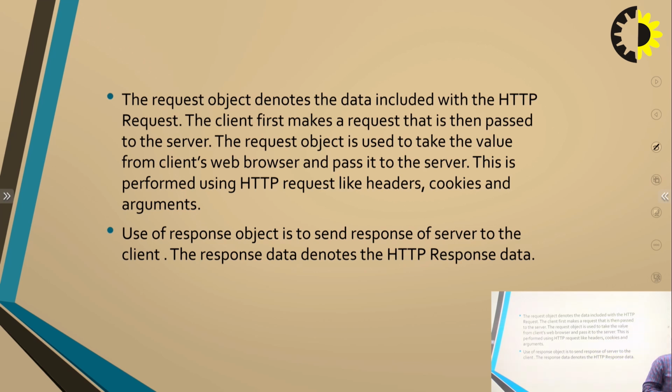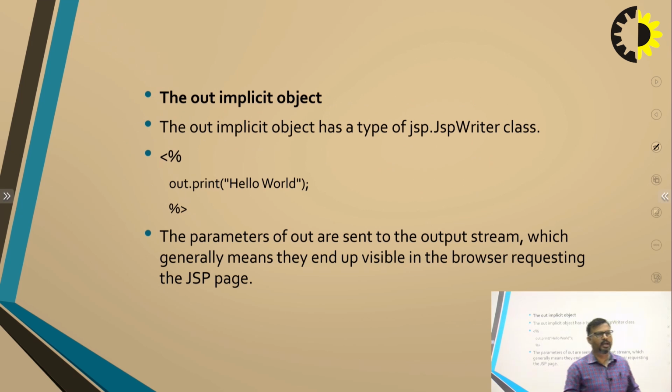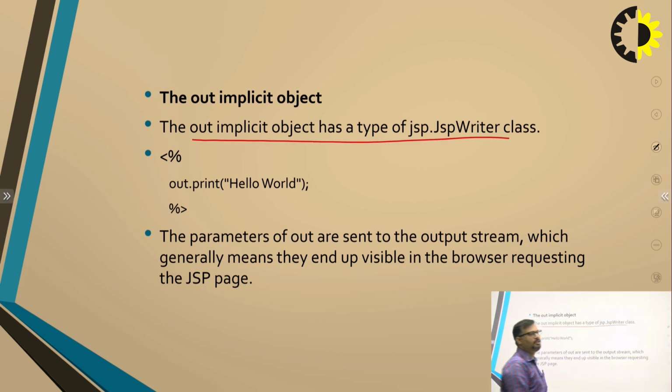Okay, this type of technique applies. So here, the out implicit object has a type of JspWriter class, and we use out.print hello world.